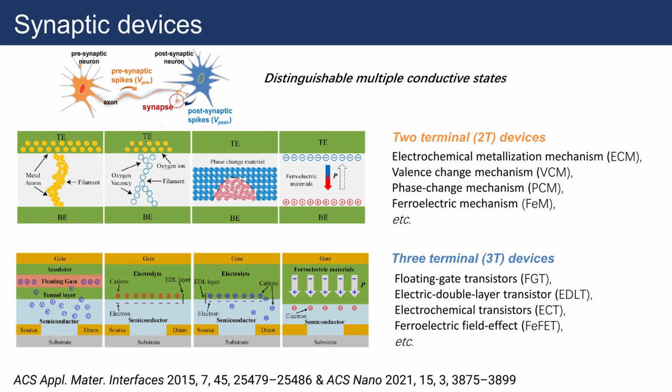This metallic channel enables the current to flow, and depending on the dimension and the connection of the metallic channels, different electronic states or different conductivity will be achieved within the two-terminal device. This is just the example I showed in the top left schematics.